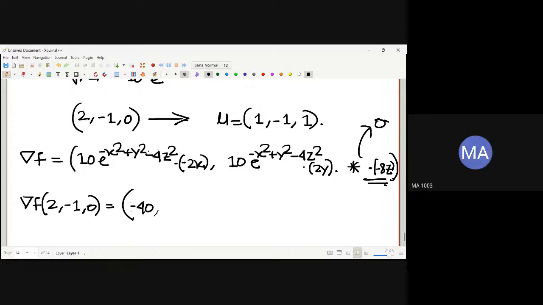And you have 0. This is your gradient: the gradient of the function at 2, minus 1, 0. The next thing you need to do is multiply with the unit vector, which is 1 by root 3, minus 1 by root 3 and 1 by root 3.